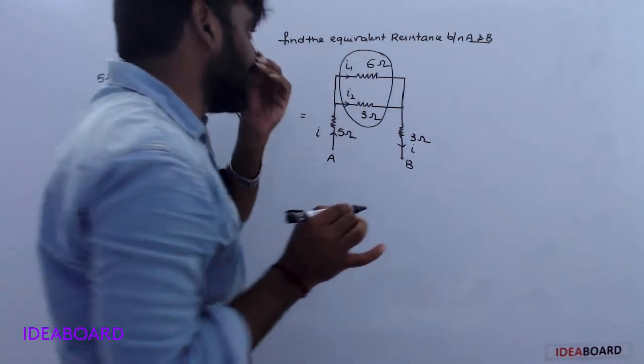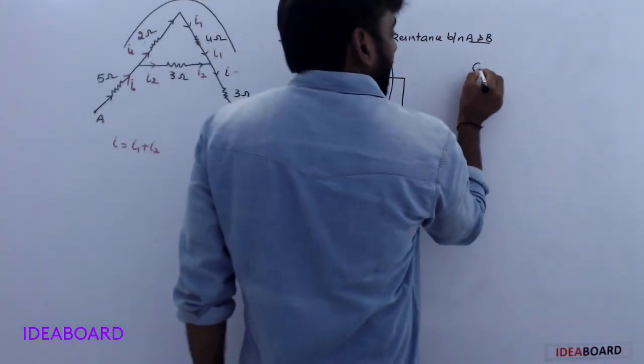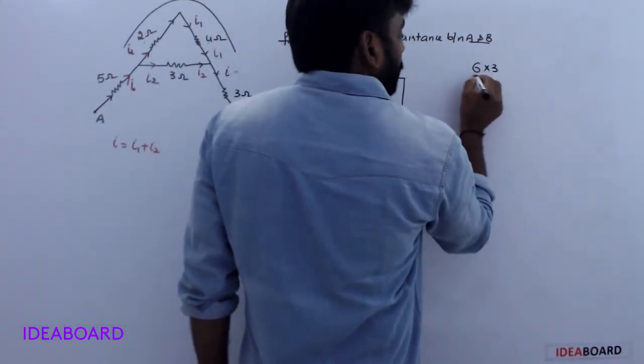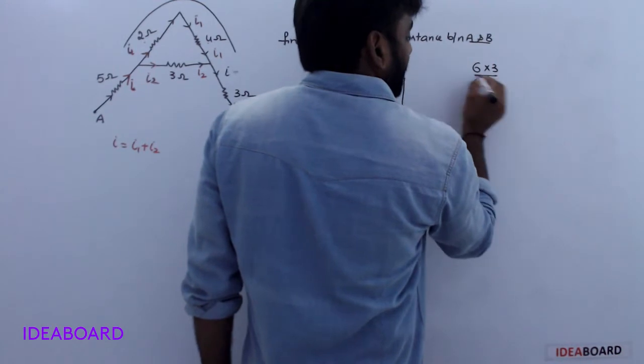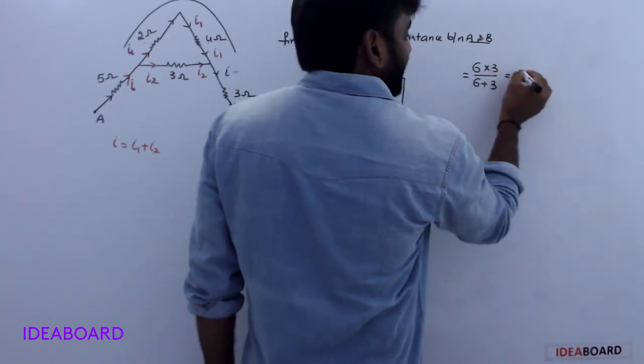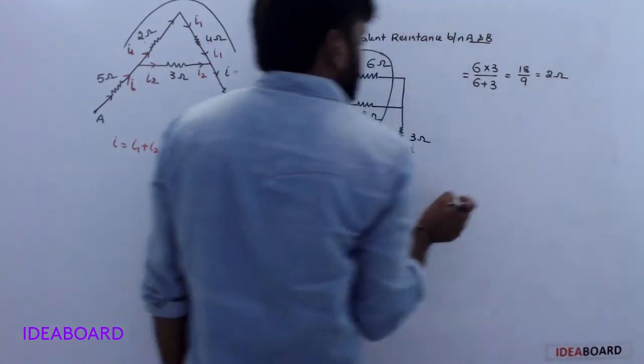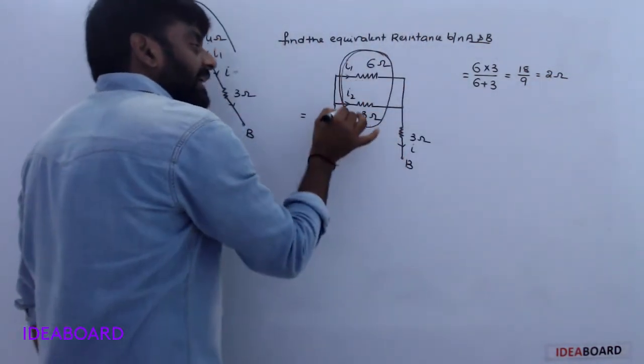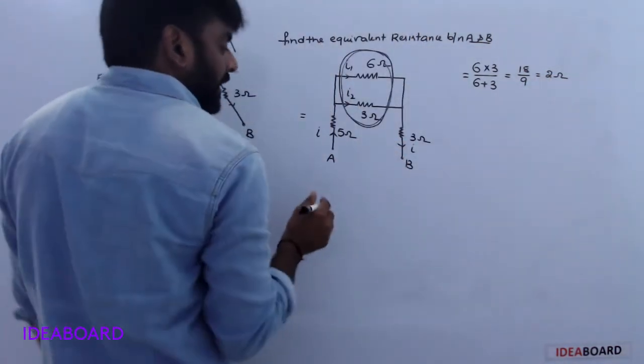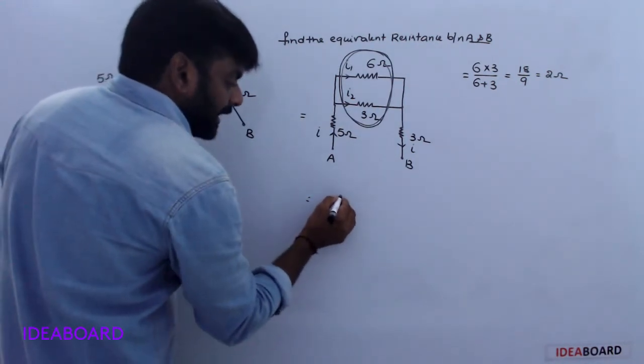These two are in parallel, so R1 into R2 by R1 plus R2: 6 into 3, 18 by 9, simply 2 ohms. That means its value is 2 ohms.